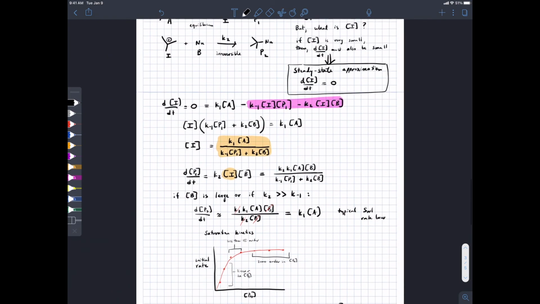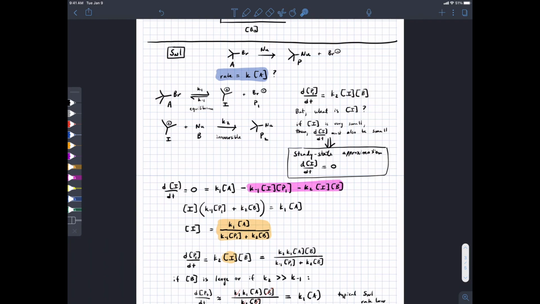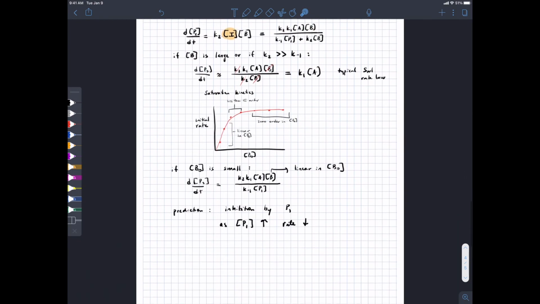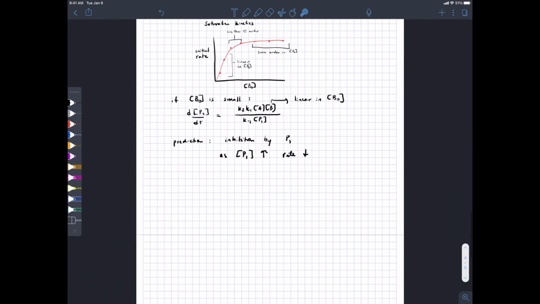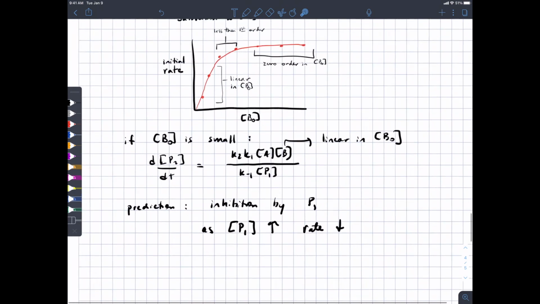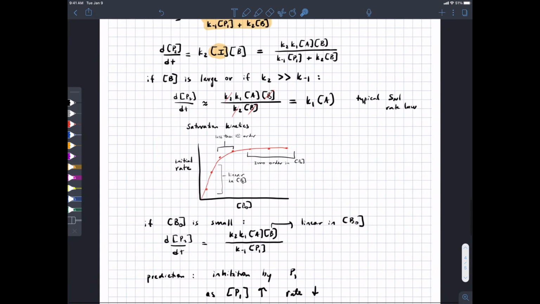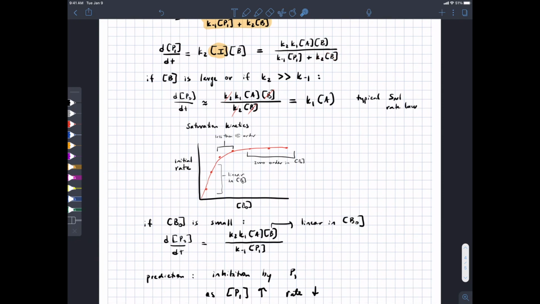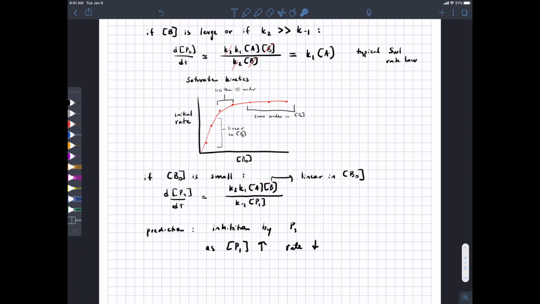So one of the ways to test this mechanism is to actually start the reaction with known amounts of added product P and demonstrate that the rate slows down when you add product P. And of course, if product P is large, the K2 term goes away, your rate law simplifies to this, and you should see that rate is linear in 1 over the product 1 concentration.